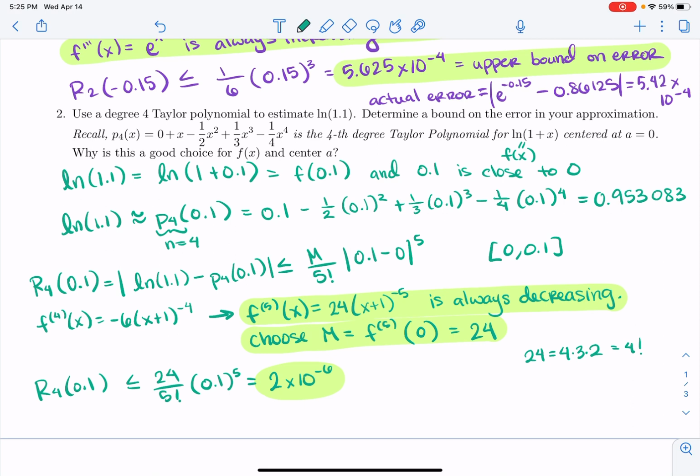Okay, and let's see. This was my value up here, and we could check our work if we want. If I put ln of 1.1 into my calculator, I get 0.0.